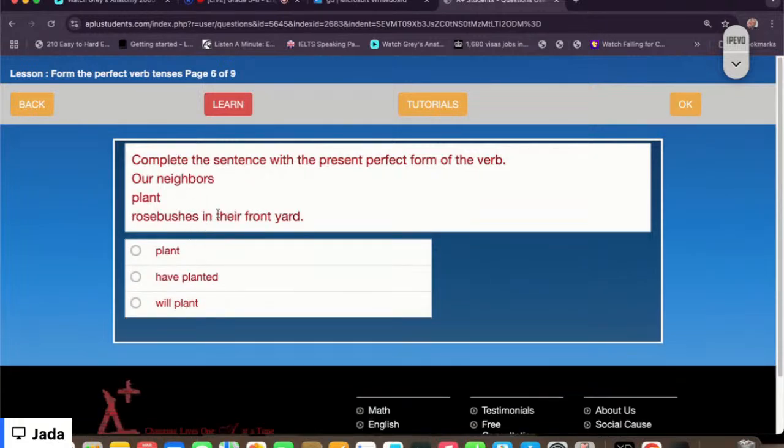Our neighbors plants rose bushes in their front yard. Present perfect. Have, will, or plant.